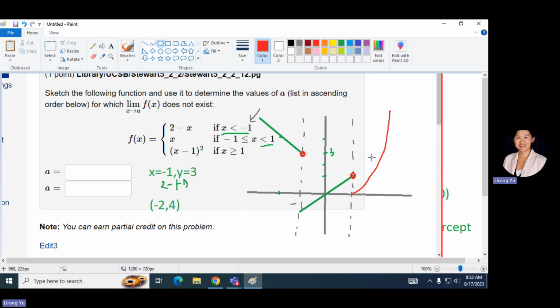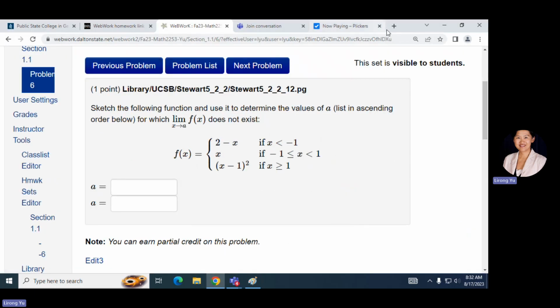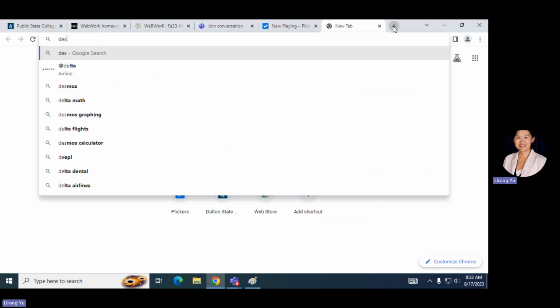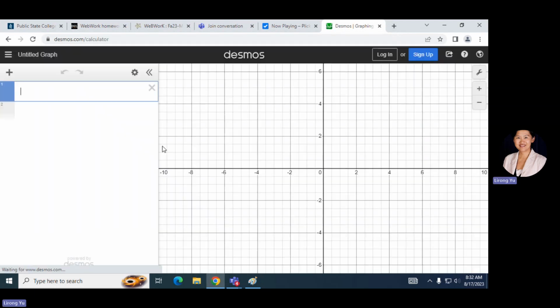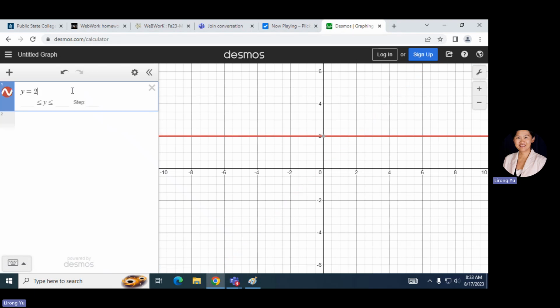Any other questions? Oh, let me graph this one to show how it looks on the computer. It is a lot easier graphing with a computer, but it helps to know both ways. So the first one we have 2 minus x, but we only want it when x is less than negative 1.